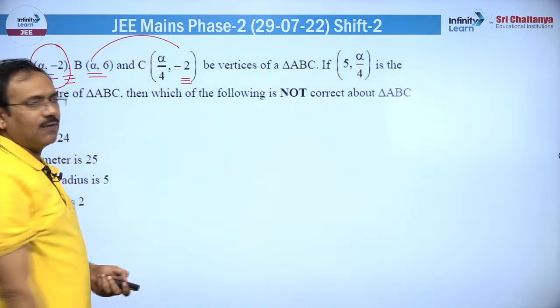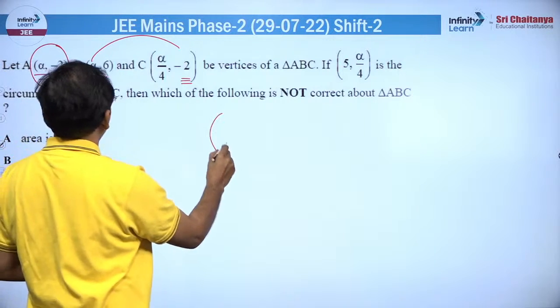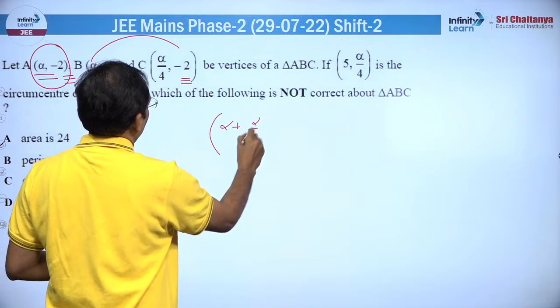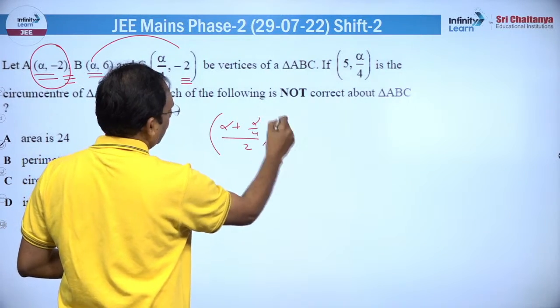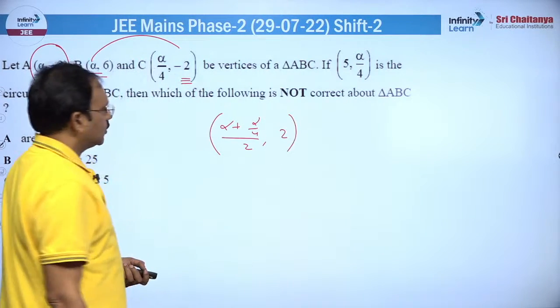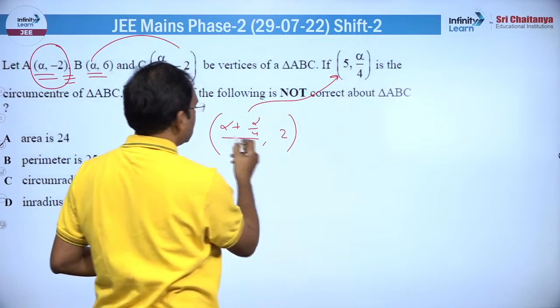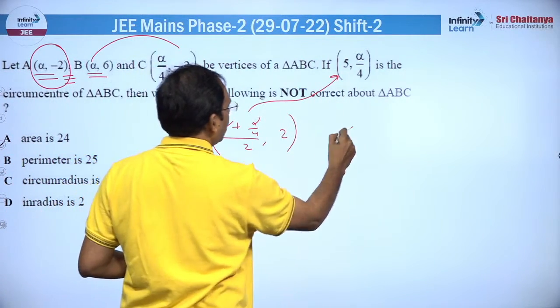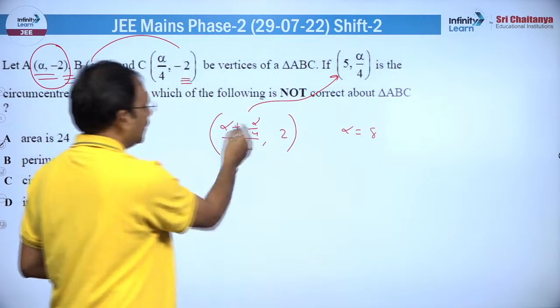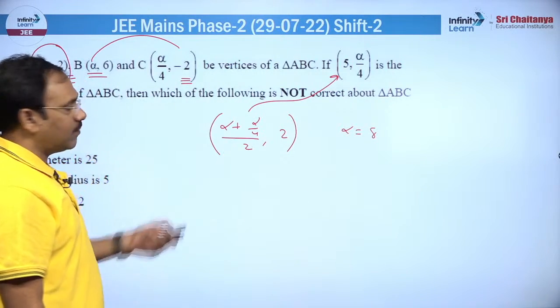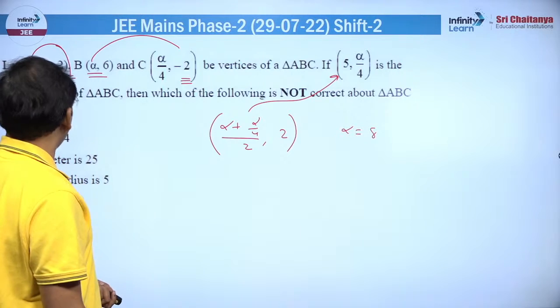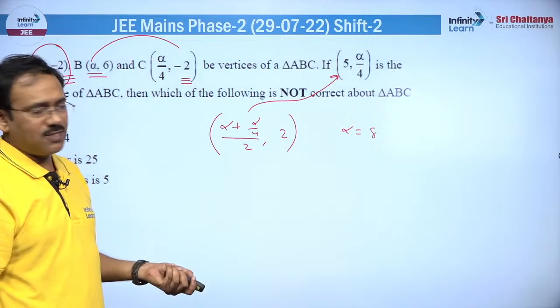The circumcenter is the midpoint of these two, my dear friends. The midpoint of these two means alpha plus alpha by 4 by 2 comma this is 2, right. But the circumcenter is given as this, so you just equate: alpha by 4 is 2 means alpha is 8, and 8 plus 2, 10 by 2, 5, perfect, alpha value is found. That means you know all the 3 vertices, right.